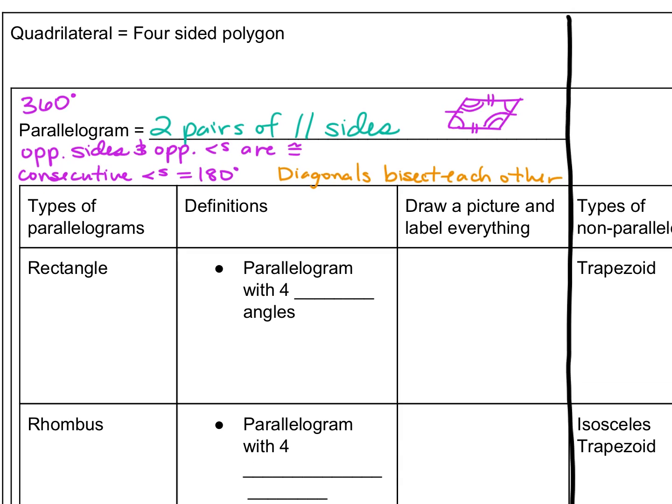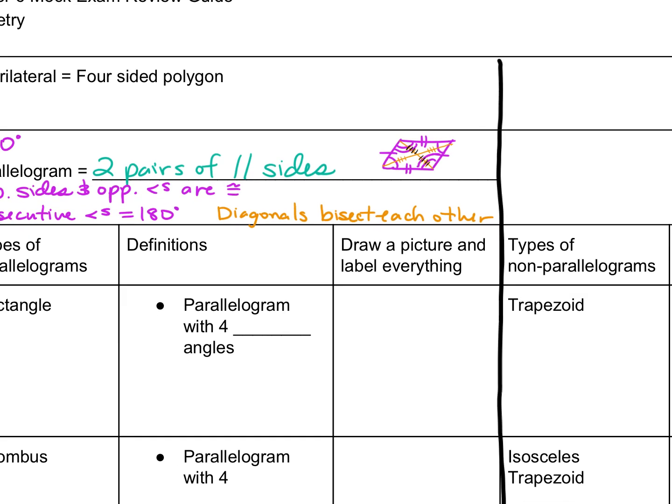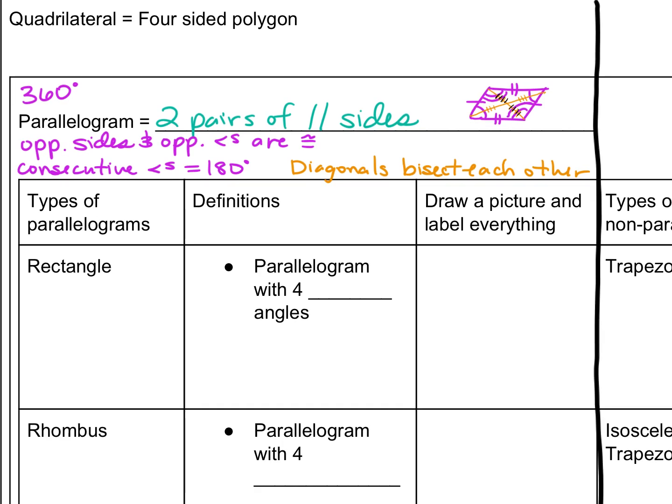Okay, meaning if we take a look at this picture here, if I draw my diagonals in, right, these two will be the same and these two will be the same. Kind of hard to see there. Let's do this. Okay, so lots of information about parallelograms. Did I miss anything?